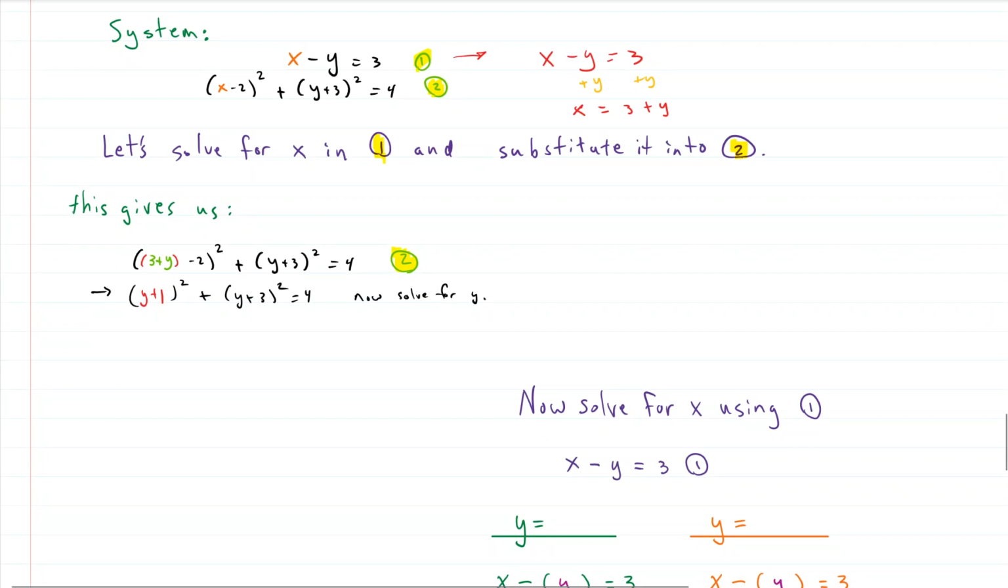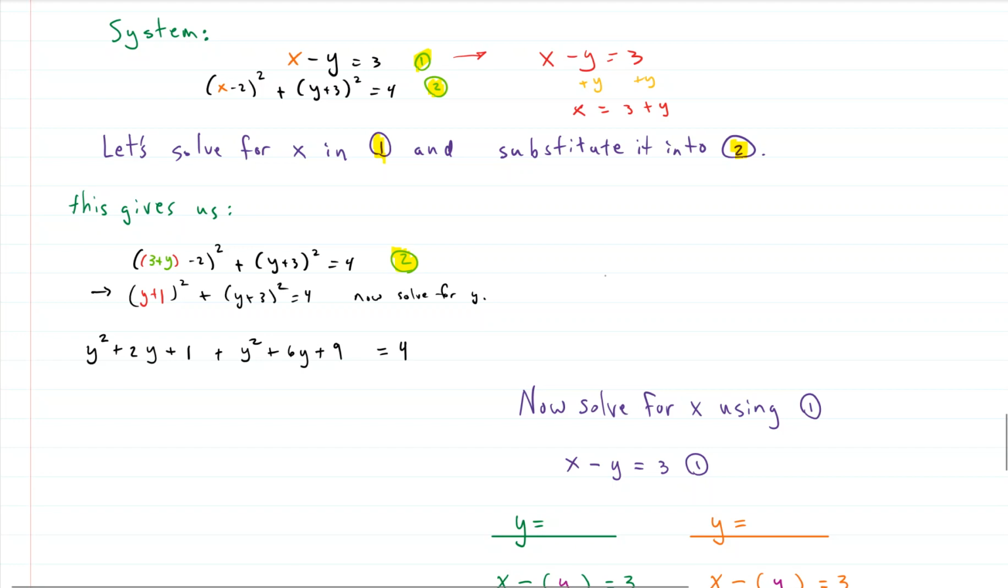So what is (y plus 1) squared? Well, if we FOIL that, which is the opposite of factoring, we get y squared plus 2y plus 1. And if we multiply out (y plus 3) quantity squared, we get y squared plus 6y plus 9, and then we have the 4 still on the right side.